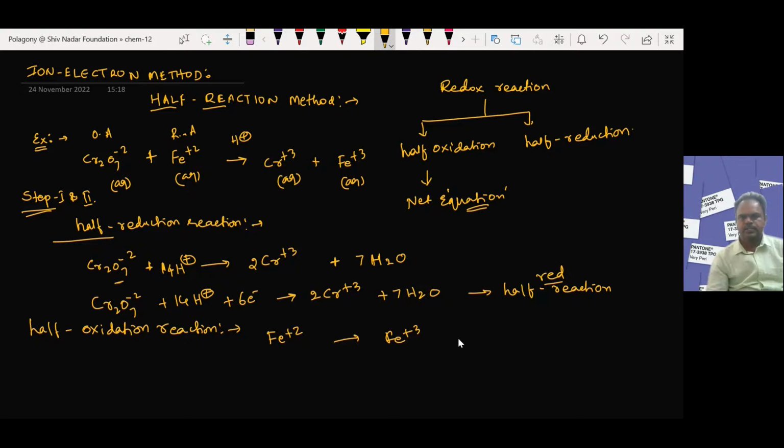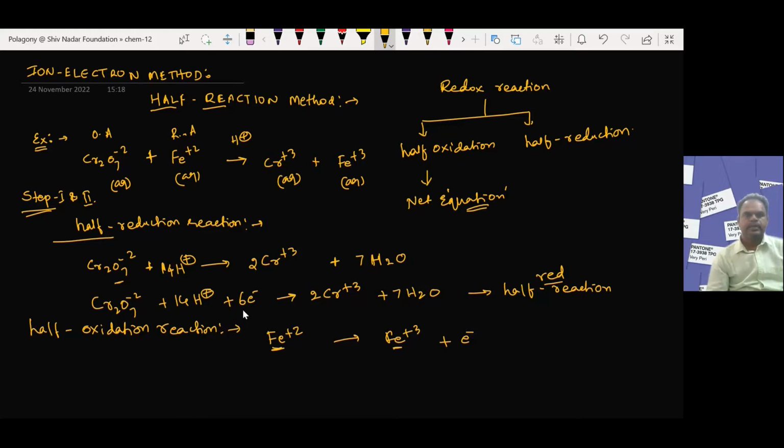This is oxidation, losing 1 electron: the oxidation number changes from +2 to +3, and an increase in oxidation number is oxidation. The iron atoms are balanced.